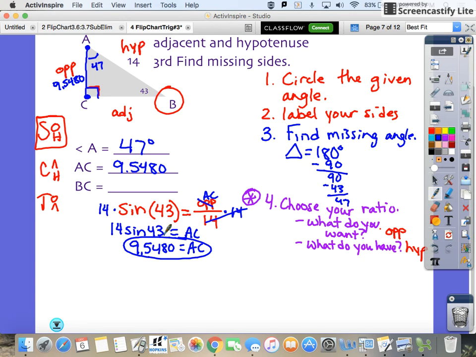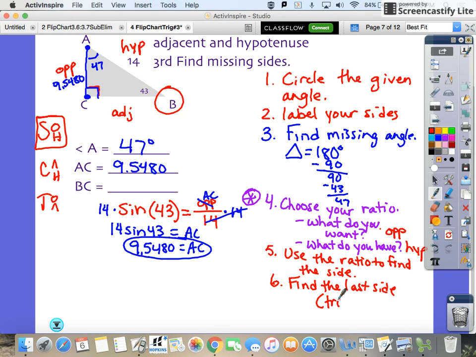So the fifth step was to use the ratio to find the side. And the sixth step is find the other side. You have two options.